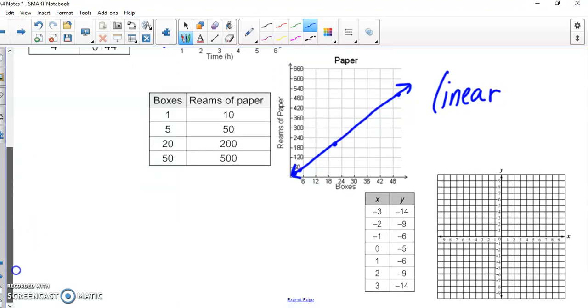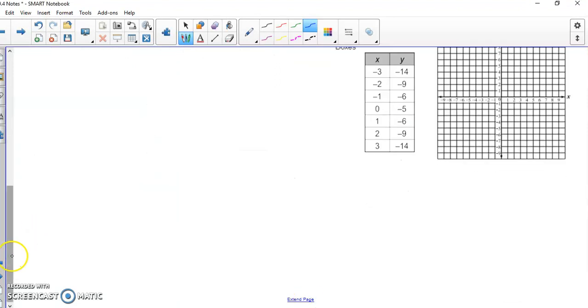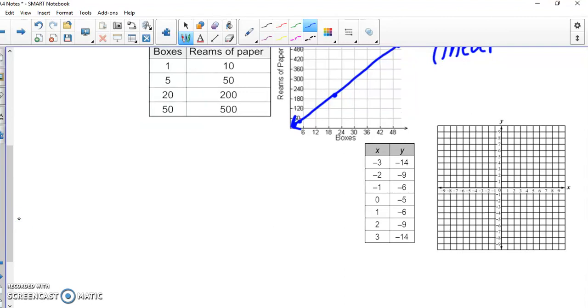Okay, and then the last one here, let's go ahead and graph that one out. So we've got -3, -14, and that one's going to go off my graph a little bit, but we'll just do our best. -2, -9, -1, -6, 0, -5, 1, -6, 2, -9, and then 3, -14.